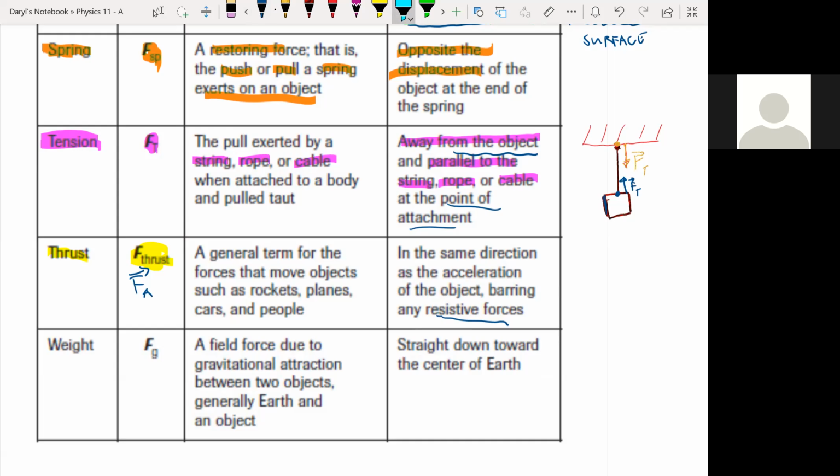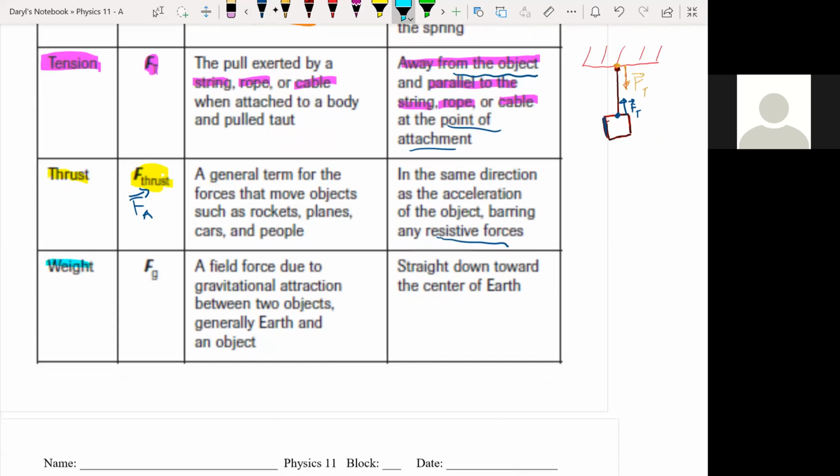And lastly, this quantity here, the weight. This is a long distance force. It is just the gravitational attraction between two objects. If you're talking about objects here on Earth, we use the Earth and the object, and its direction is always straight downward towards the center of the Earth.